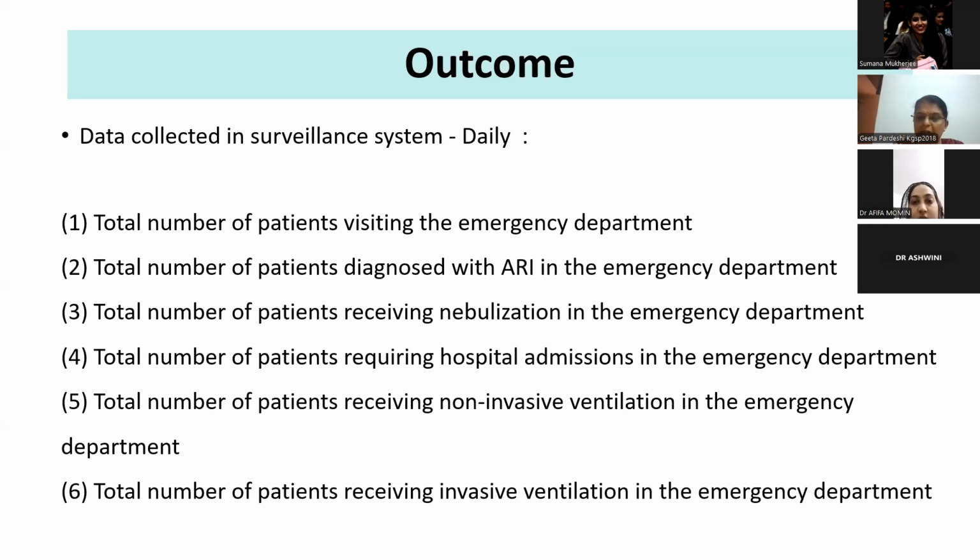There are six different headings for which data is reported, and these are the daily numbers of cases who are visiting or who are requiring different interventions for management of acute respiratory illness.